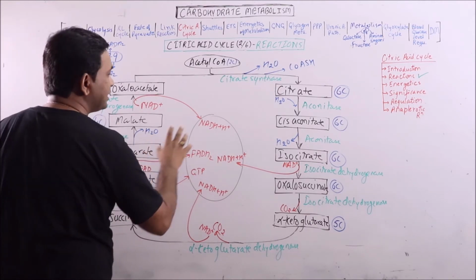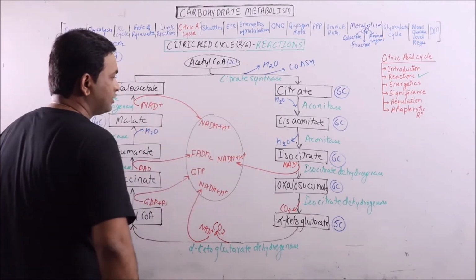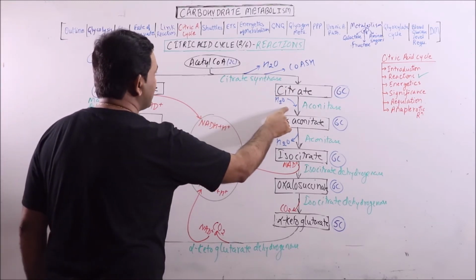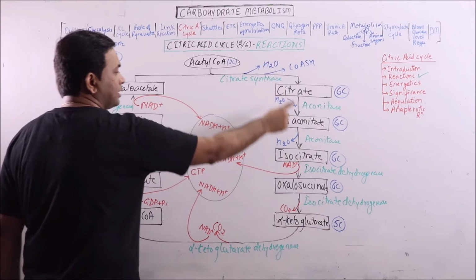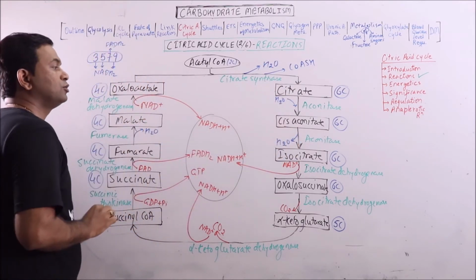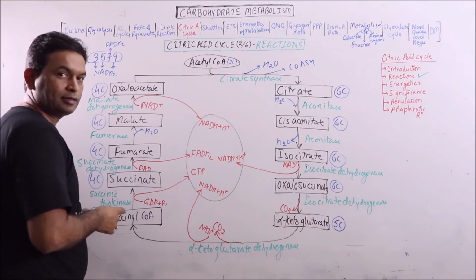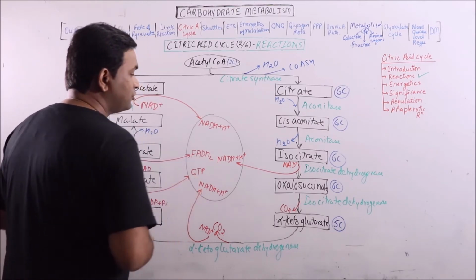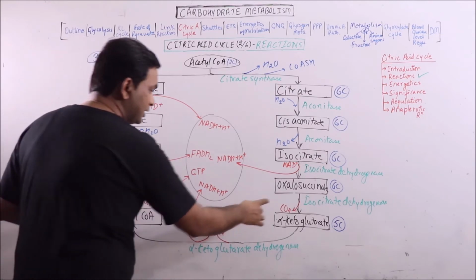So dehydrogenation has occurred in 4 steps. One step is consuming water while 3 steps are releasing water. So 2 molecules of water will be the net output and 1 molecule of GTP is formed.